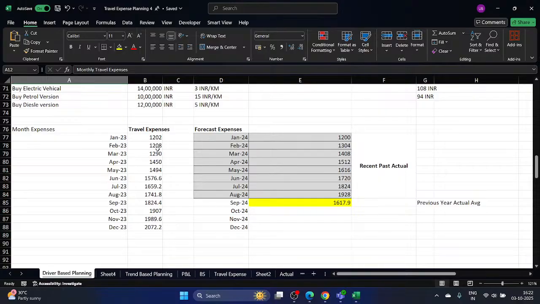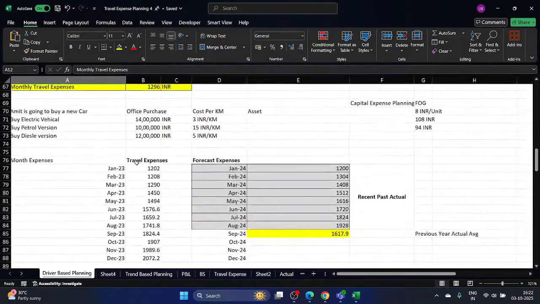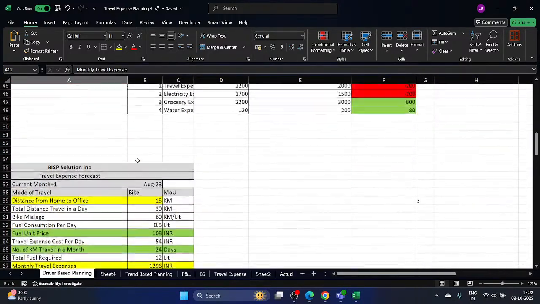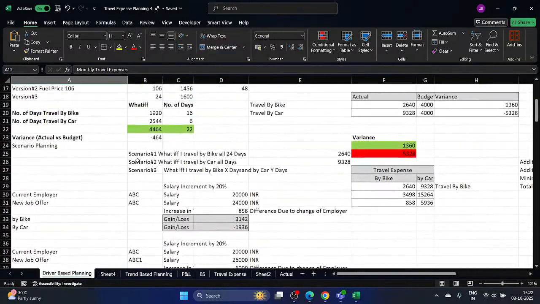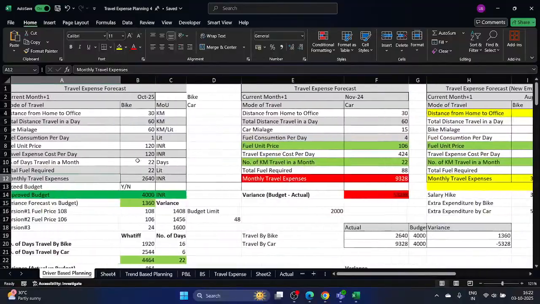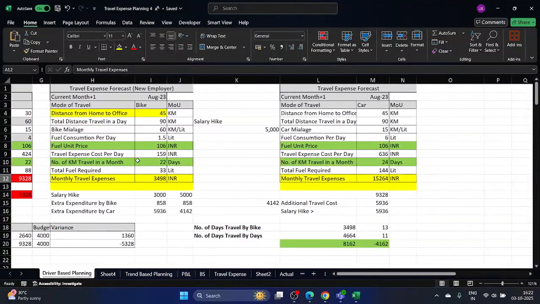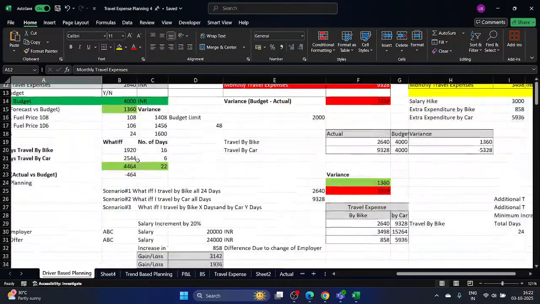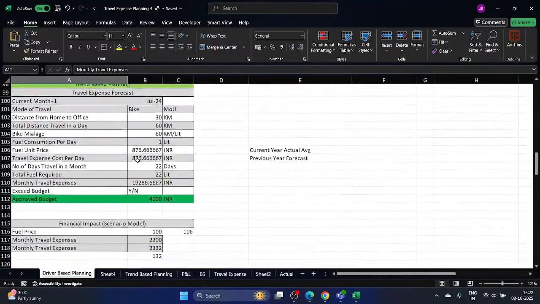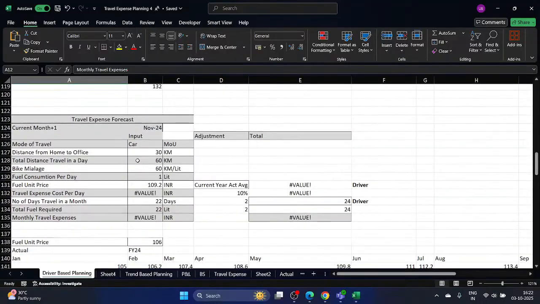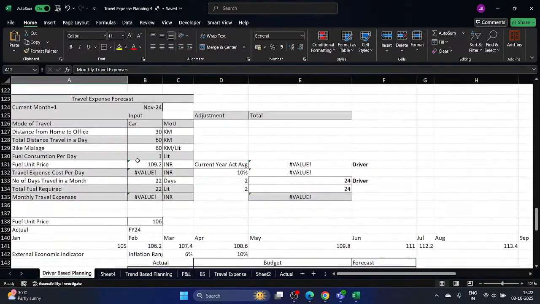In Feb 23 it could be around it, and in December 2072, according to the situation. So these are totally based on the situation and scenario. The same concept would be applied under it and a travel expense forecast.